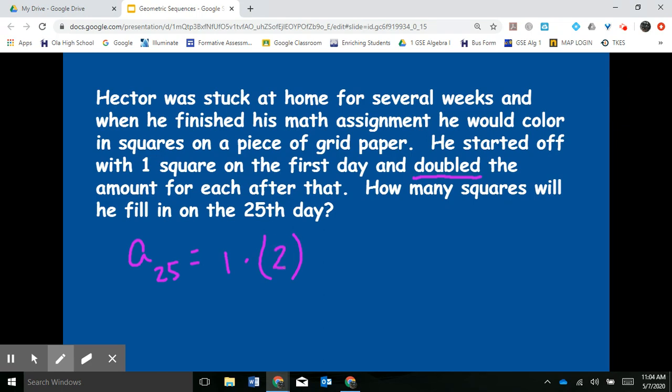And then the 25 minus 1. So when you plug this in your calculator, you're going to get a huge number. So Hector was busy for a long time after that, because on day 25, he colored in 16,777,216 squares on his grid paper. A lot of grid paper.